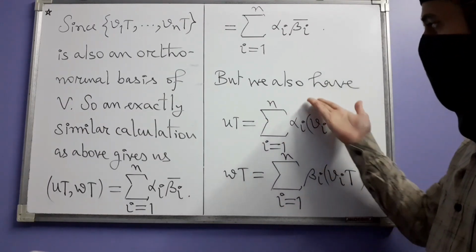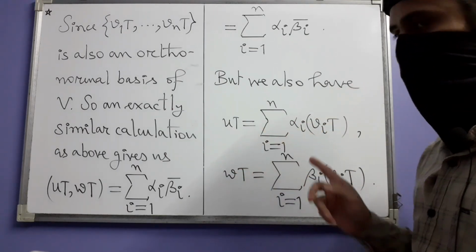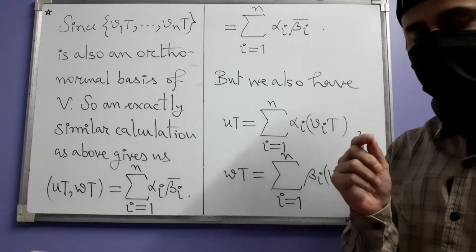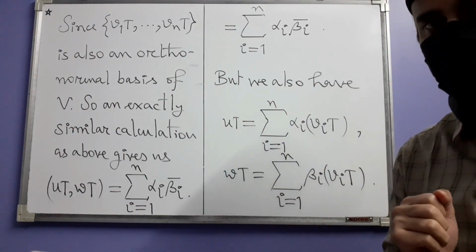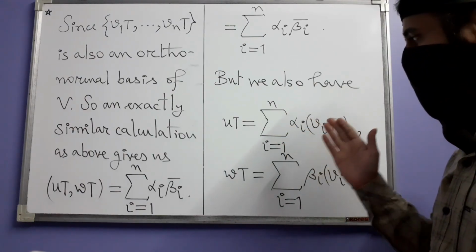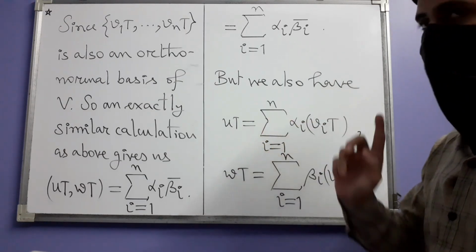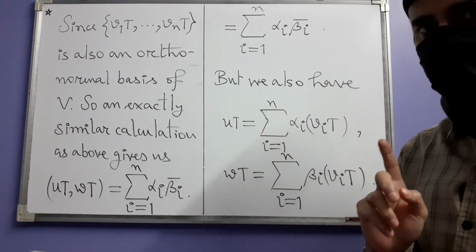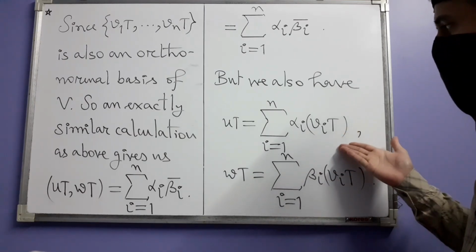But we also have these things. You recall the original expression which gives us u as a linear combination of the v_i's, that is u equals summation of alpha i v_i. On that, if you apply T and use the fact that T is a linear transformation, so that becomes this.